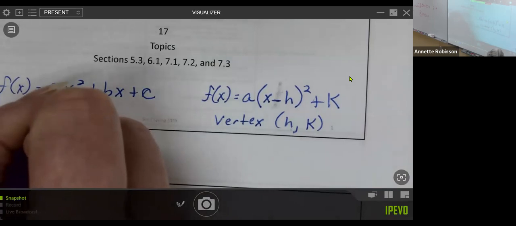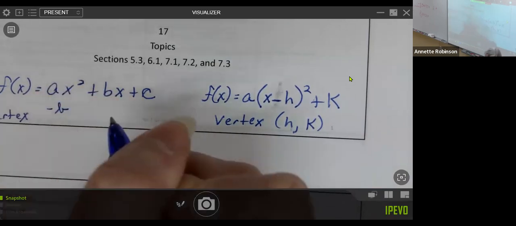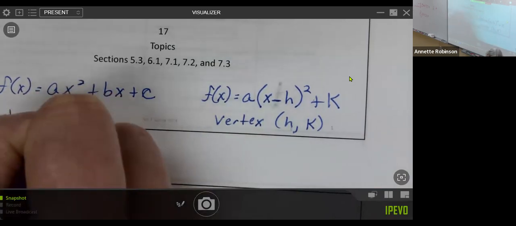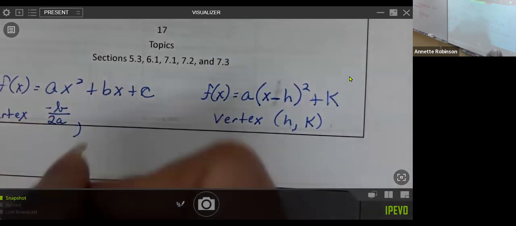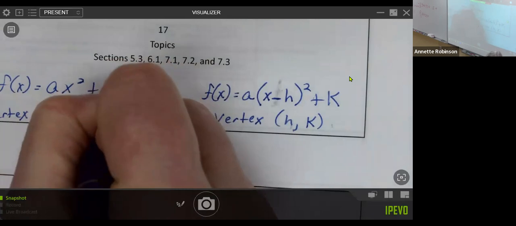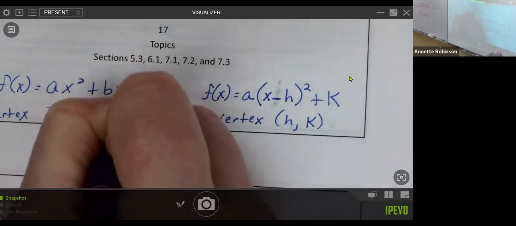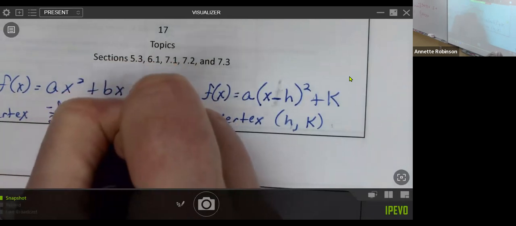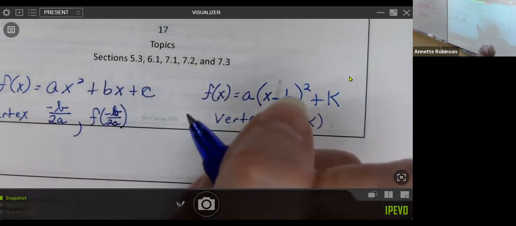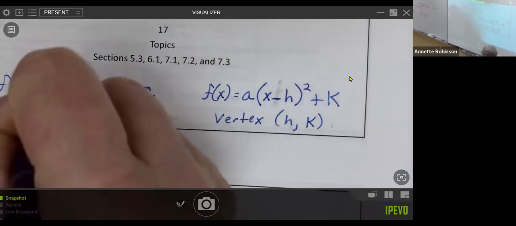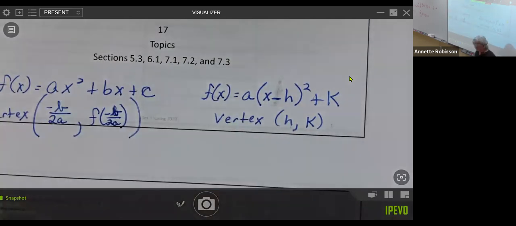The vertex starts out with the opposite of b being placed over 2a. That's the h. When you take that number and you plug it in, that becomes the k. That's your x, y of the vertex when it's given to you in standard quadratic form.